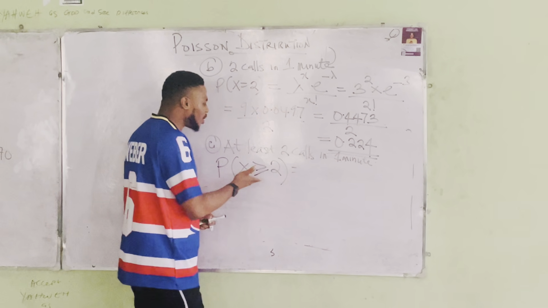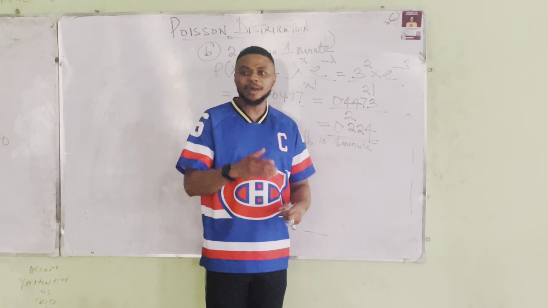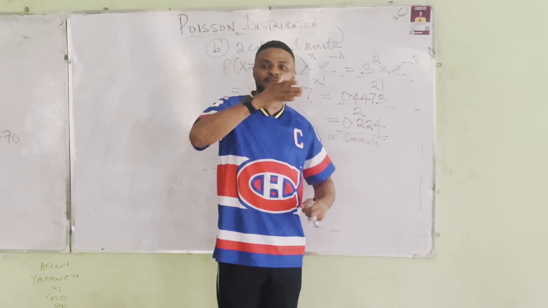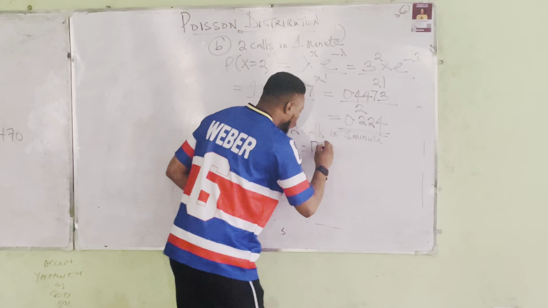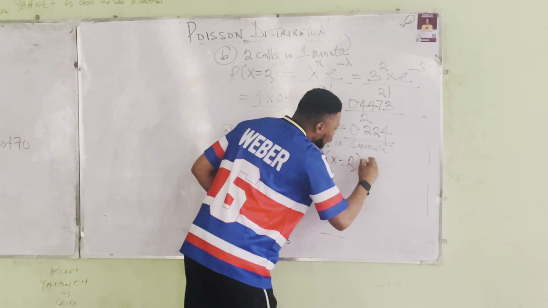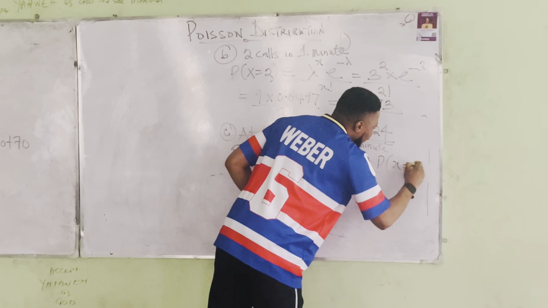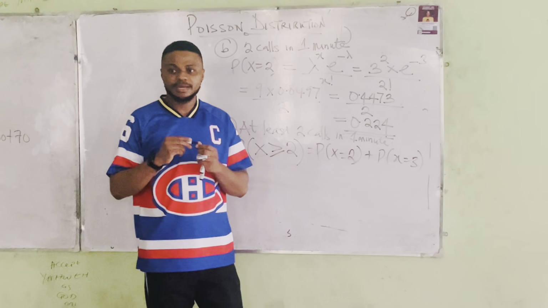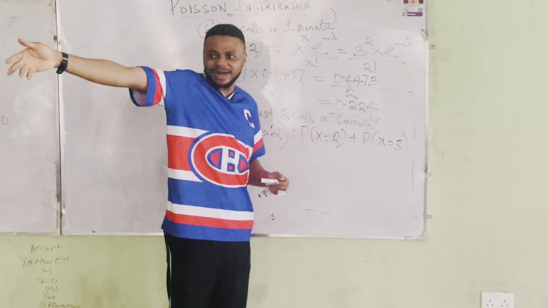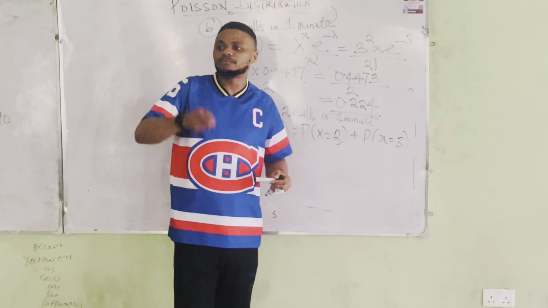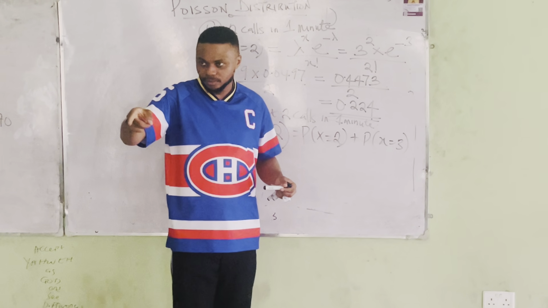So when we say probability of x greater than or equal to 2, we are looking at from 2 to 3. We are saying probability of x equal to 2 plus probability of x equal to 3. That's it. At least means from that value to the highest value. At most means from 0 to that value.